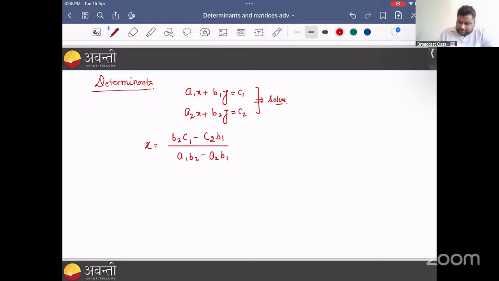Similarly, if you try to find the value of y, the denominator is the same, A1 B2 minus A2 B1, and the numerator will be A1 C2 minus A2 C1. Now what did I do? I multiplied the first equation by A2 and the second equation by A1, and then again I subtracted.